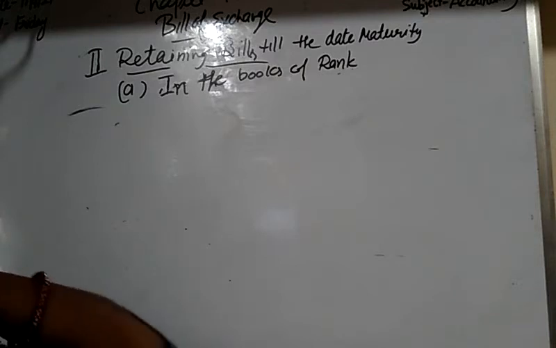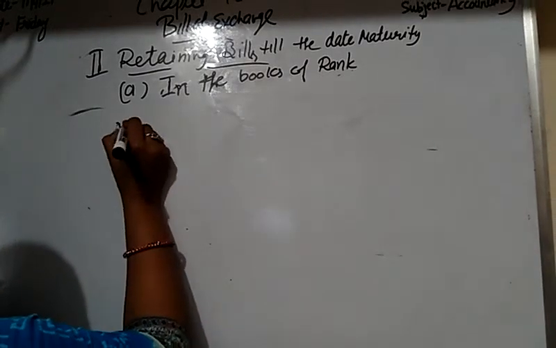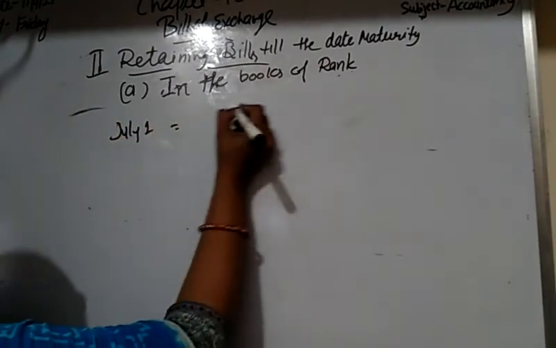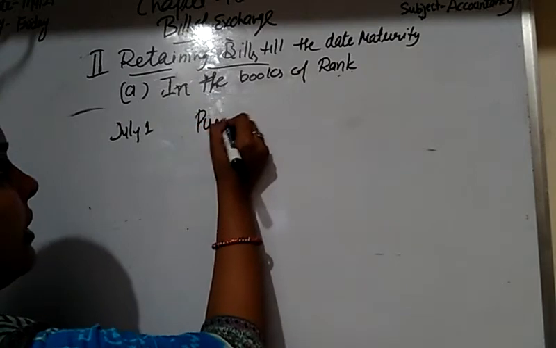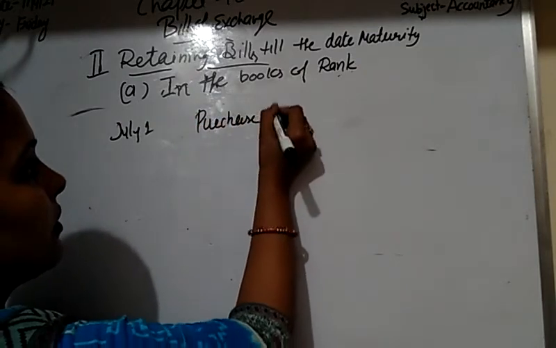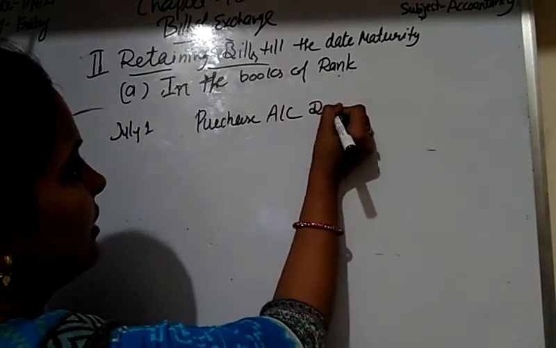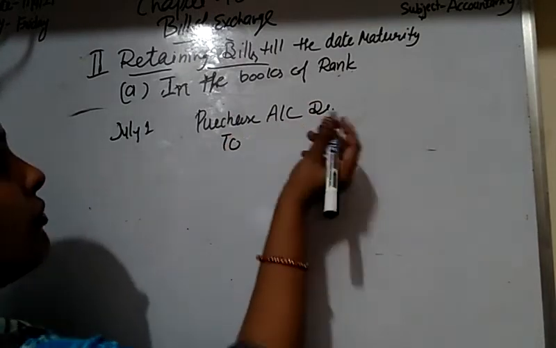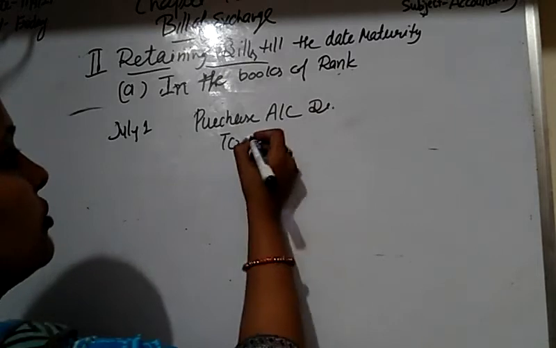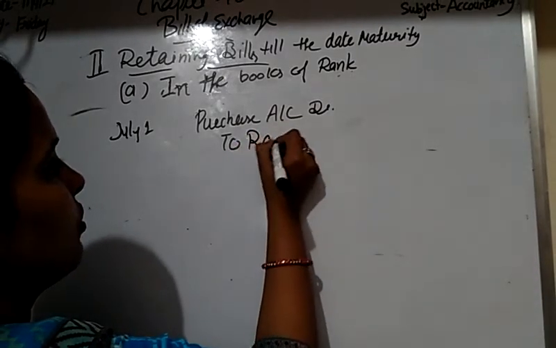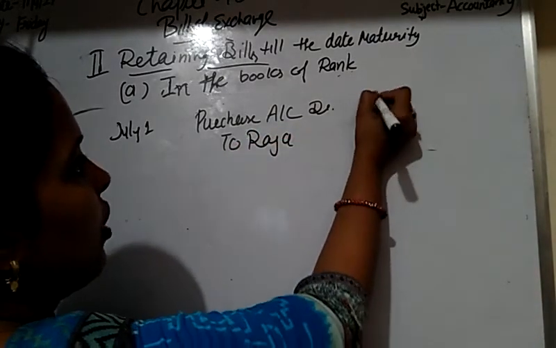Rank purchased goods on credit. The journal entry at that time, July 1st, is purchases account debit. He purchased goods from Raja, so purchases account debit to Raja, 1000.